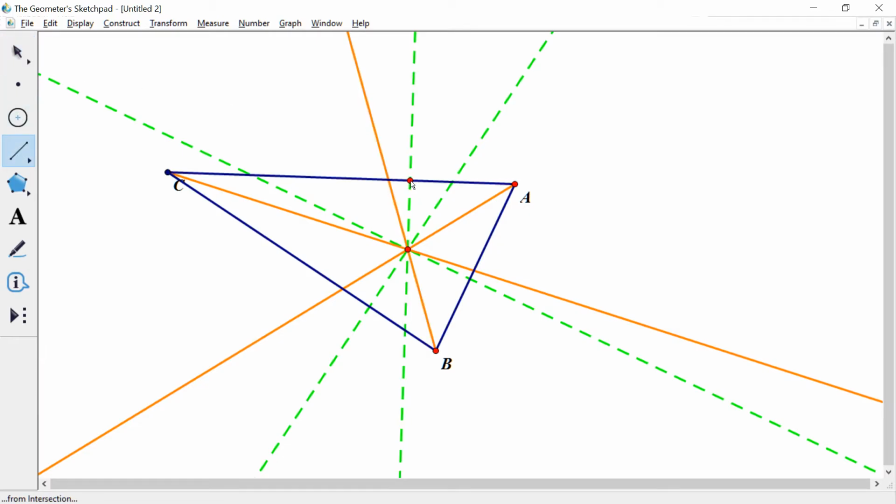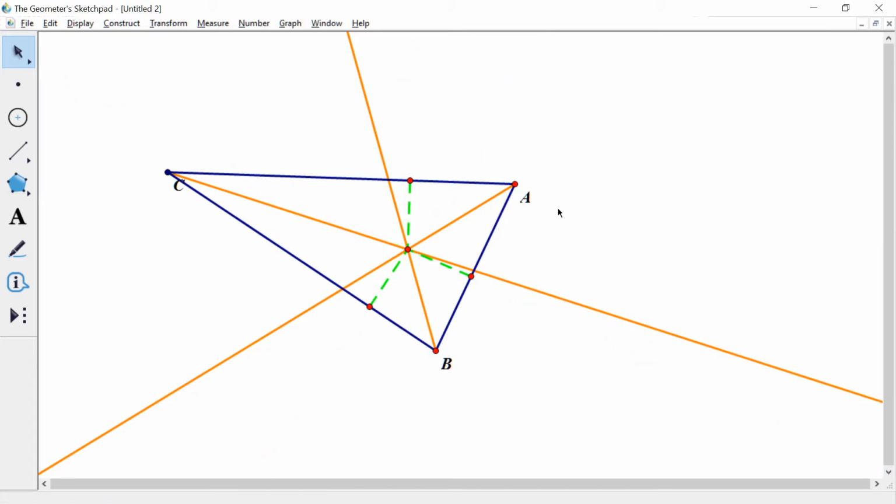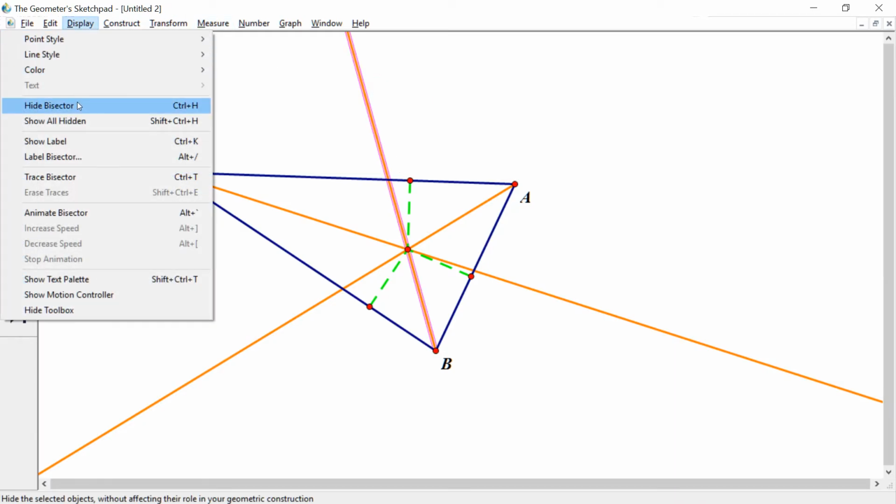I'll construct from there to there, and from there to there. Okay. Tell you what, I'm going to hide that. I'm selecting it and hitting Control H. You can also hide things by selecting and going to Display, Hide.